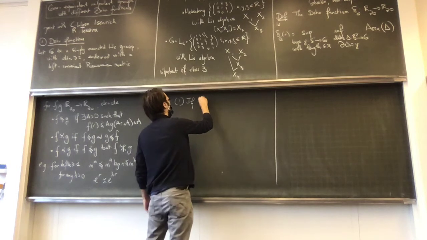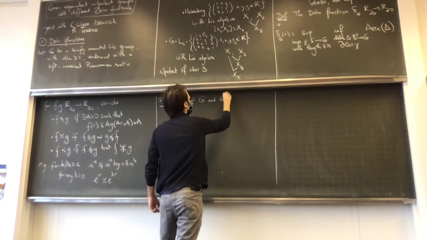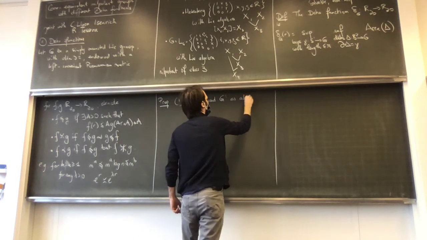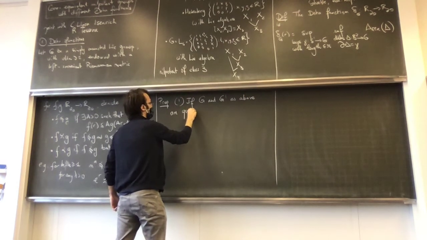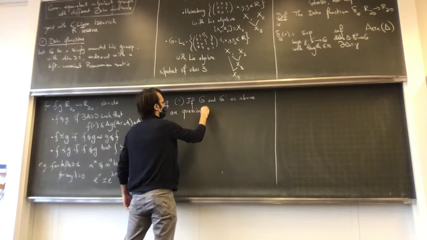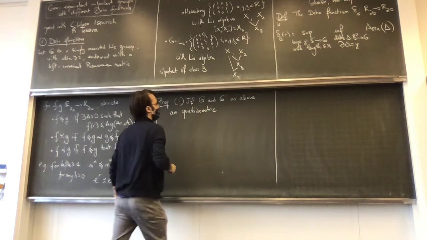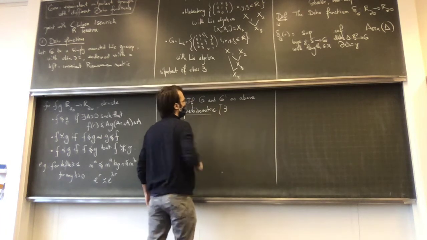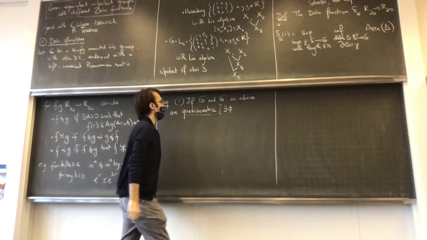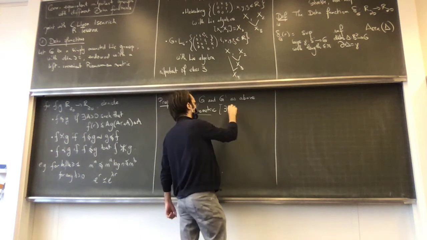If G and G prime as above are quasi-isometric, okay, so quasi-isometric, I'll briefly recall what it means, but most of you must have met this definition already.